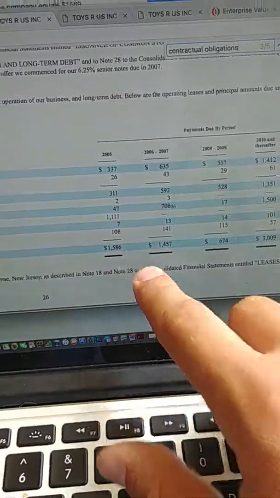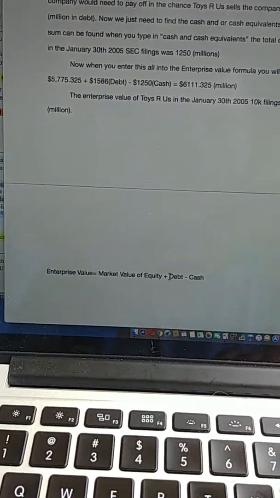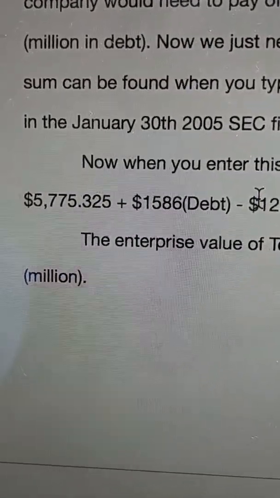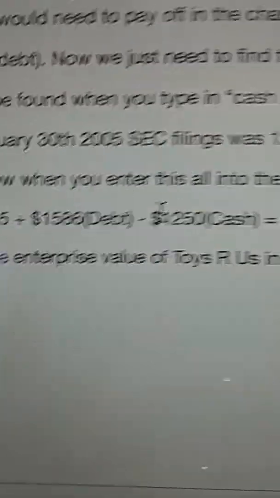Total contractual obligations equals 1586. Okay, right? So we'll go back to our formula, and in this debt section, we type in 1586. So we add those two numbers, and then we've got to subtract the cash.